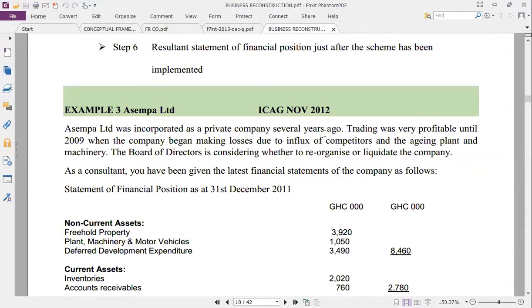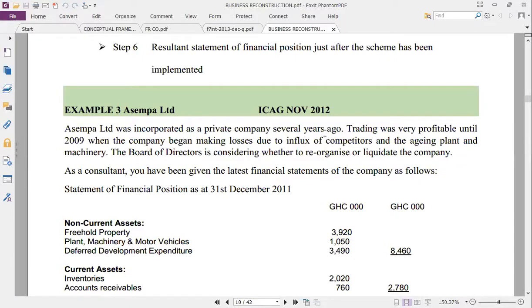Trading was very profitable until 2009 when the company began making losses due to influx of competitors and aging plants. Some of their plants are too old, giving them losses.